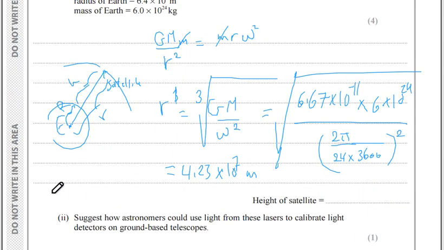So we have here h equal to r minus the radius of Earth. So equal to this value minus the radius of Earth, which is given here. Okay, so the height will be something like that.